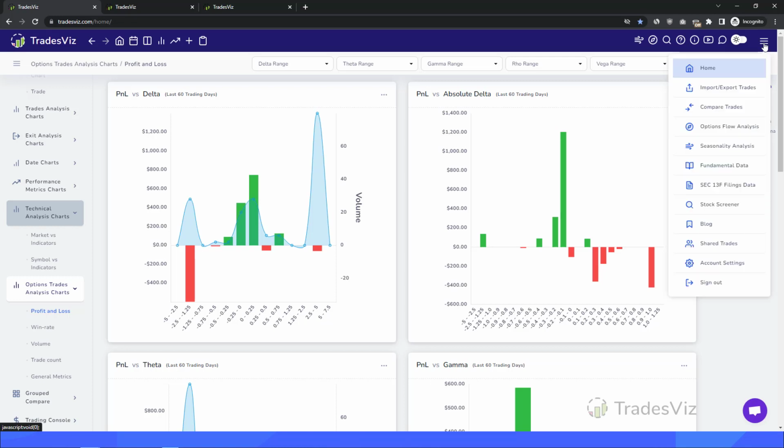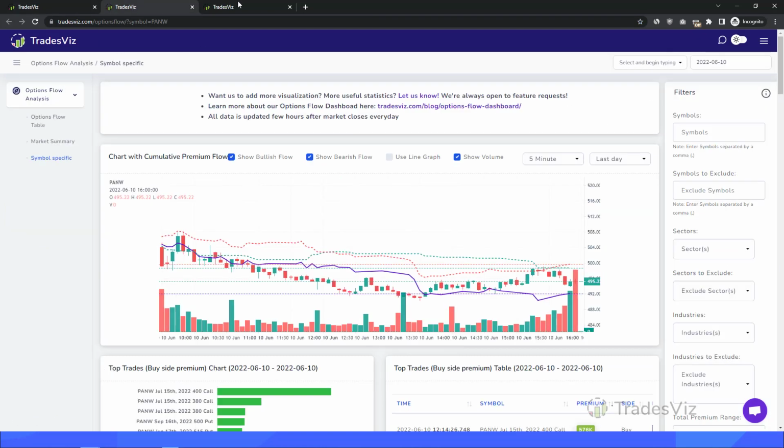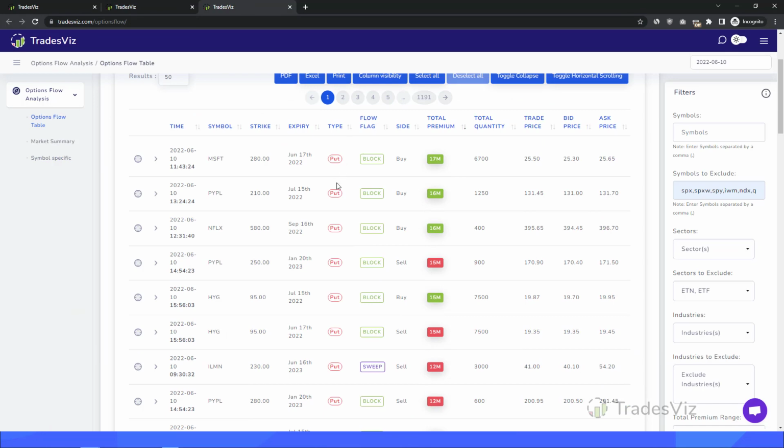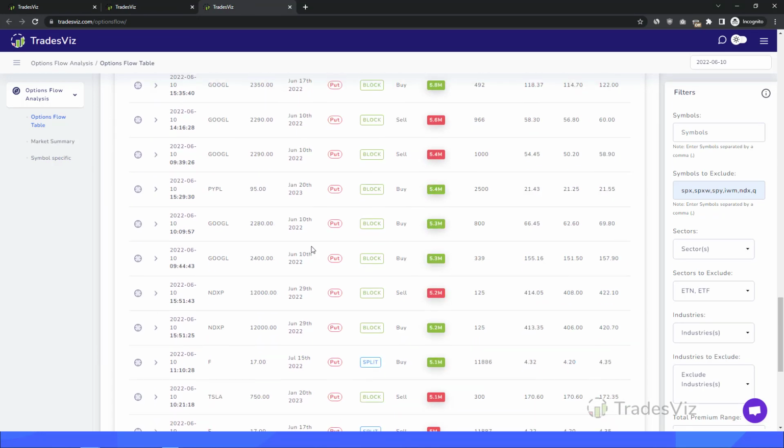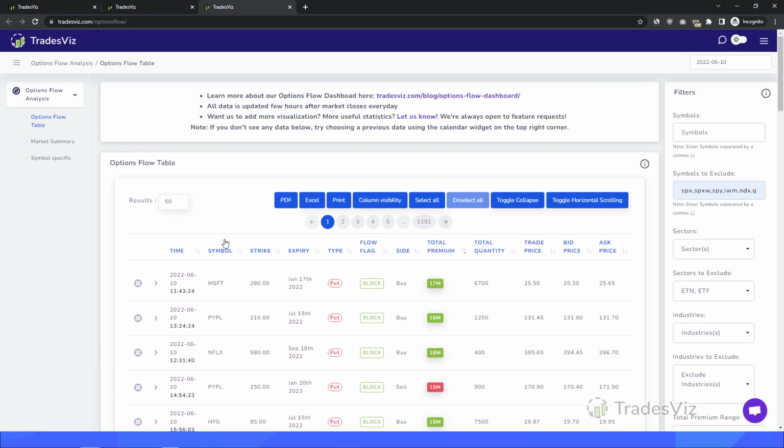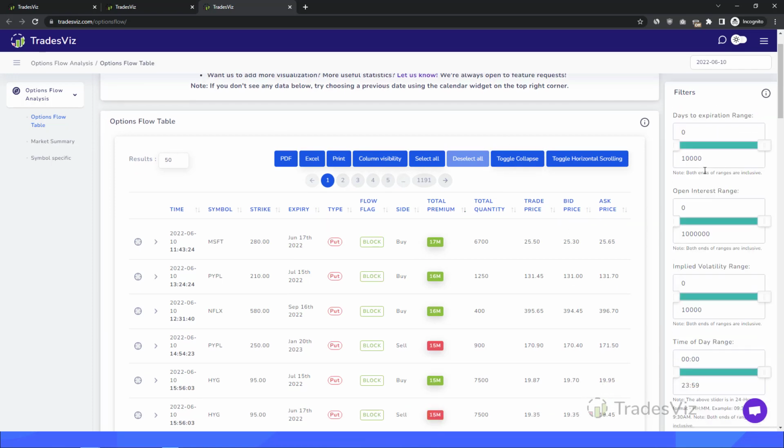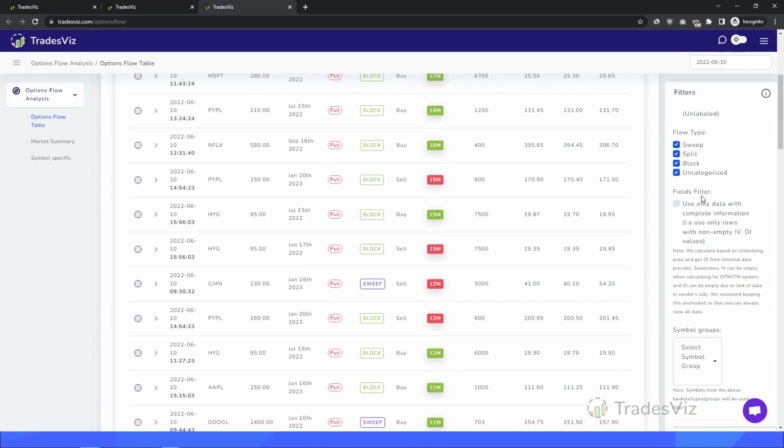To go to the options analysis dashboard, you click on the hamburger icon, you click on options flow analysis. That will take you to a tab where it will show you a huge table with a list of every single large, important trade that happened that day. This will be updated a few hours after the end of day every day, and you have a lot of filters here.